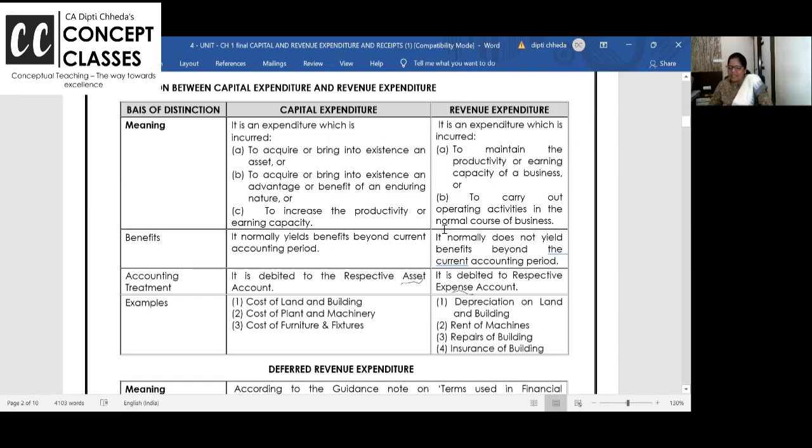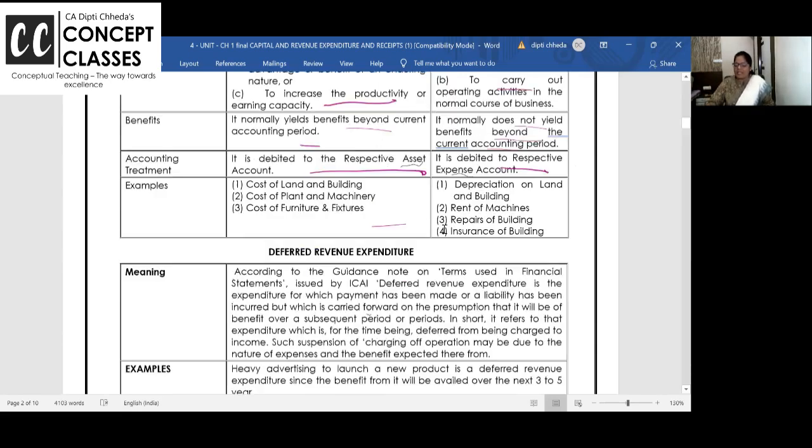Generally they are not asking at this level, but if they ask, you should know that capital expenditure is bringing into the asset, and revenue expenditure is about productivity and all. Capital expenditure deals with benefit beyond the current period. For revenue expenditure, the benefit expires within the year. This is debited to the asset, that is debited to the expense account, and at the end it is transferred to P&L, and all other details are given.